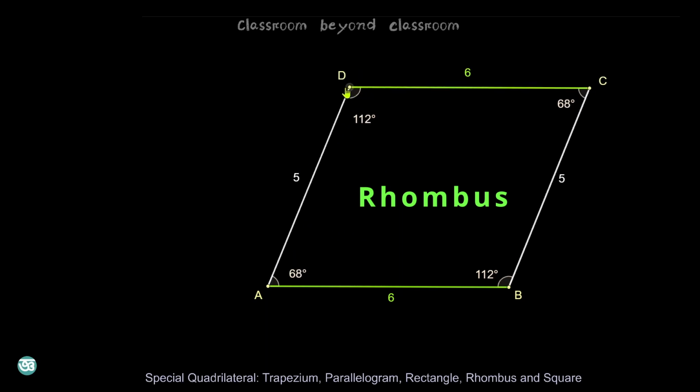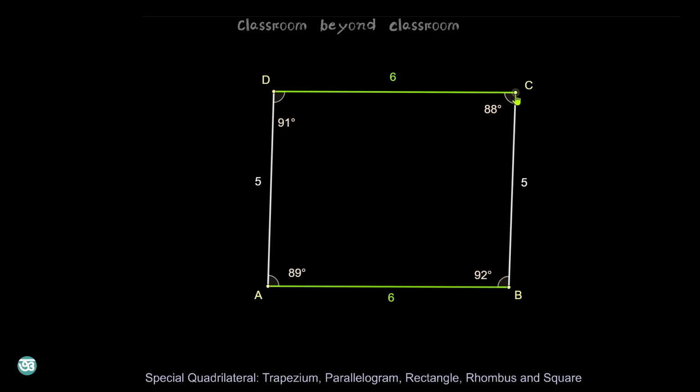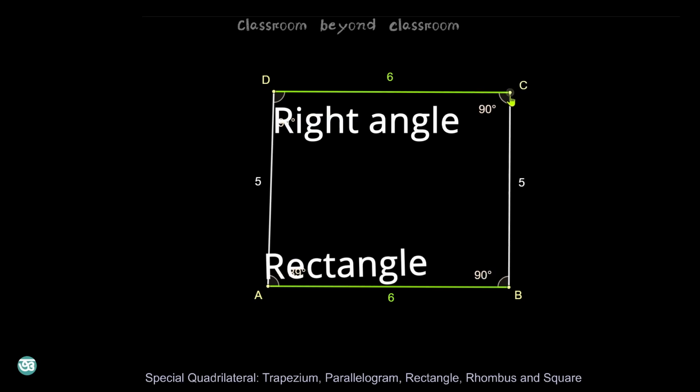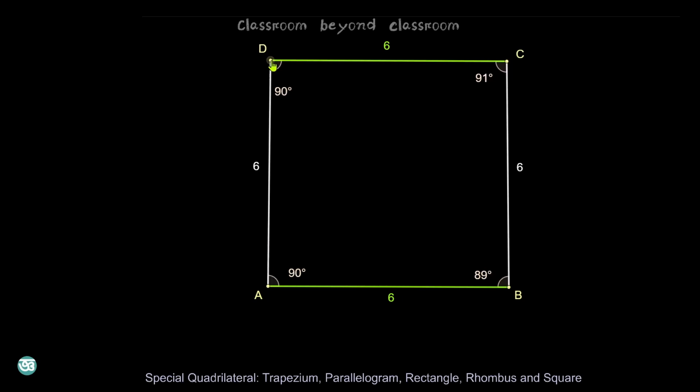Now this rhombus or this parallelogram becomes a rectangle if all angles are 90 degrees, so it is a rectangle. Sides are not equal, but if the sides are also equal like this, then it becomes a square. Now it becomes a square. So all these things we'll discuss now.